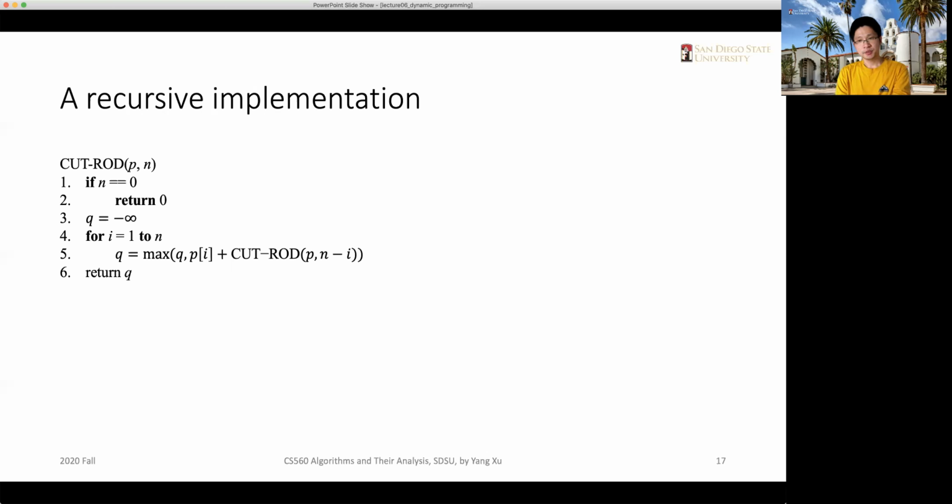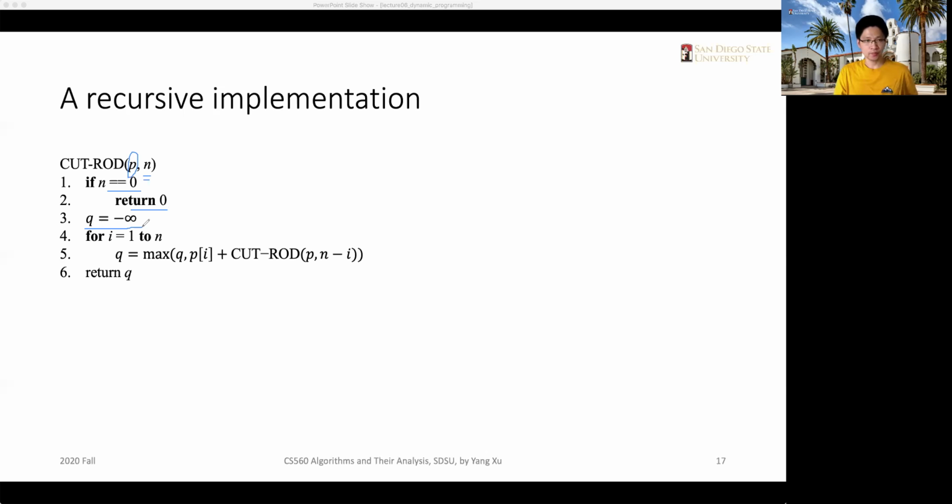It's given the table P here, and the input length, which is an integer number. If the length is 0, we should return 0. It is straightforward, right? The rod of length 0 should cost us nothing. And we'll define some helper quantity q, which is initialized to negative infinity, because this is the smallest possible number.